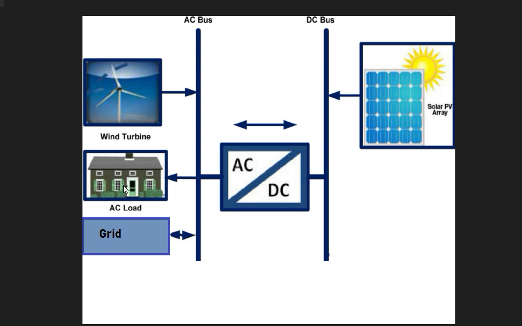So this is the main operational strategy of this system: first priority will be given to the renewable energy system, and later on if there is a deficit in demand, then it will be taken from the grid. On the other hand, if there is excess energy available during the daytime or excess wind energy available even at night, then that energy, after meeting this load demand, will be sold to the grid.